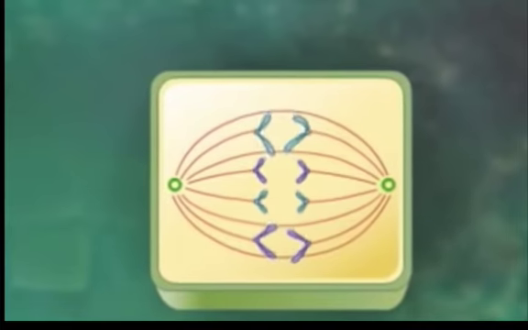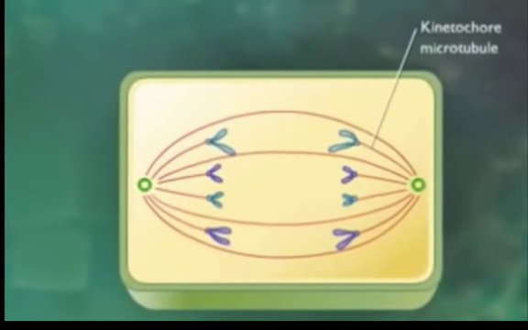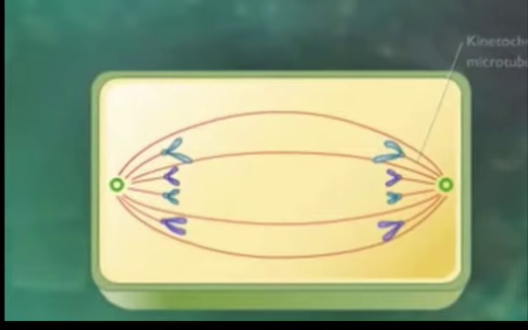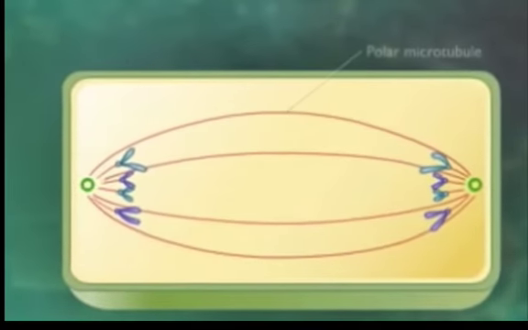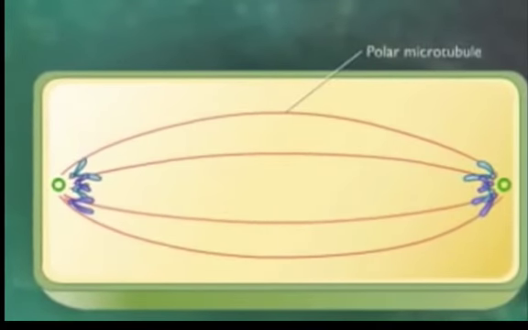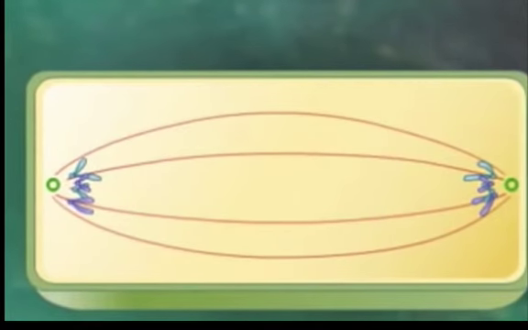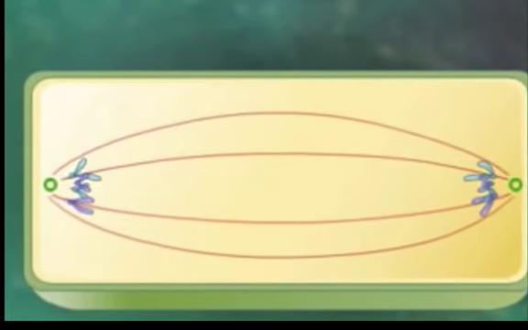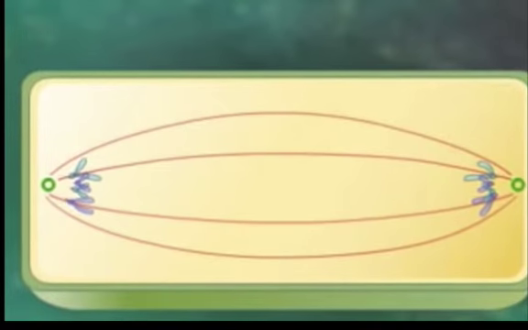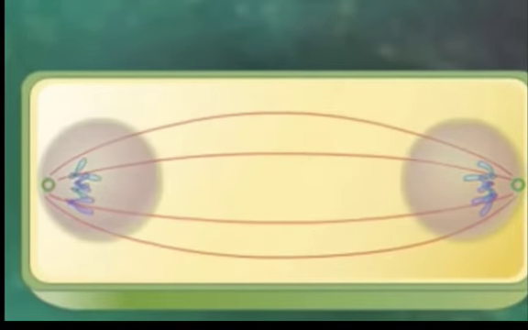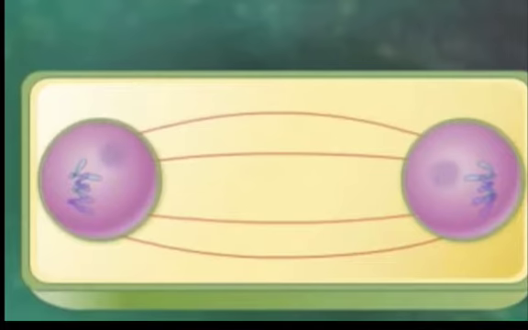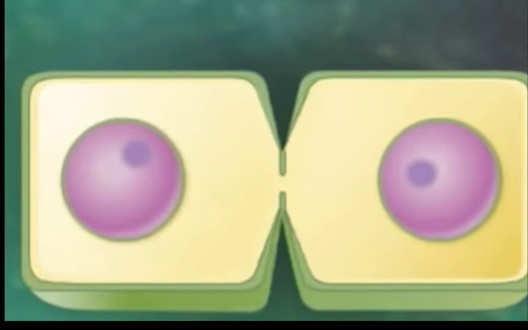During anaphase, the kinetochore microtubules shorten, separating the chromosomes to opposite poles, while the polar microtubules and the cell elongate. During telophase, chromosomes reach the poles of the cell and begin to disappear. The polar microtubules continue to elongate. The nuclear membranes form, the nucleoli appear, and the chromosomes decondense. Telophase is followed by cytokinesis, during which a cleavage furrow forms in the center of the cell, and the cell divides.